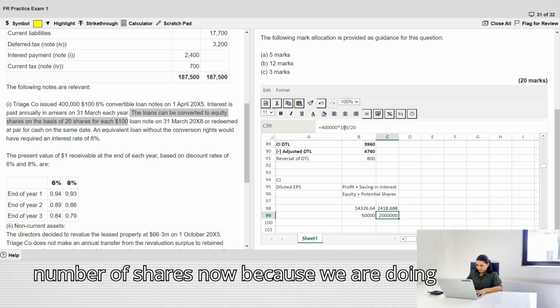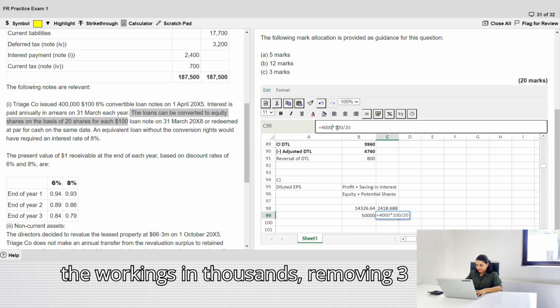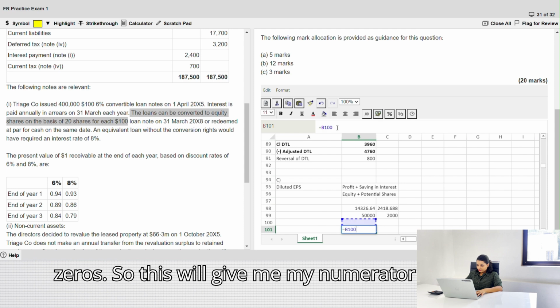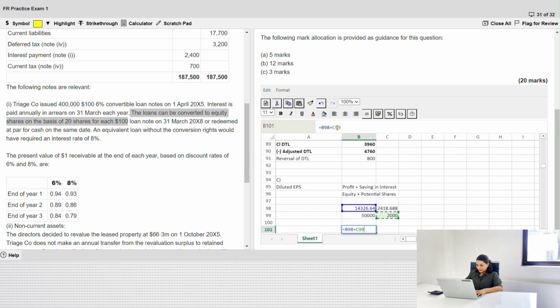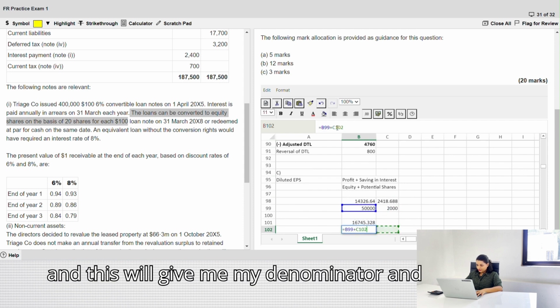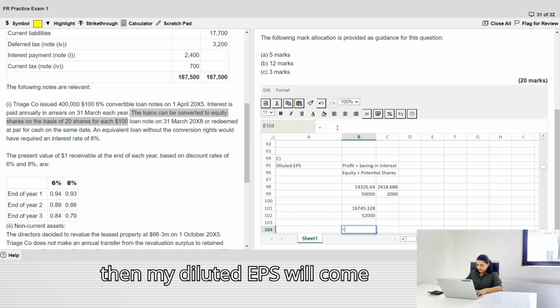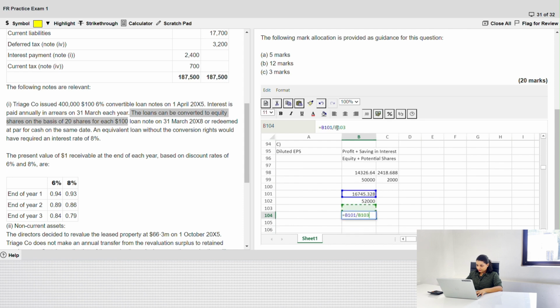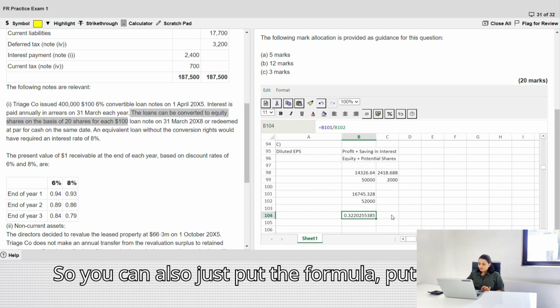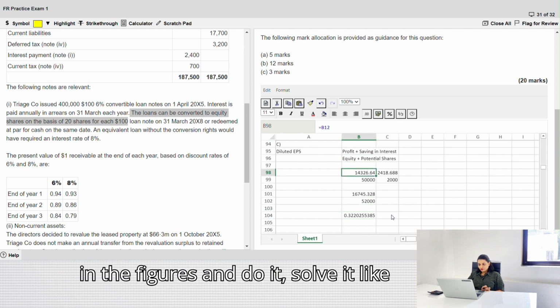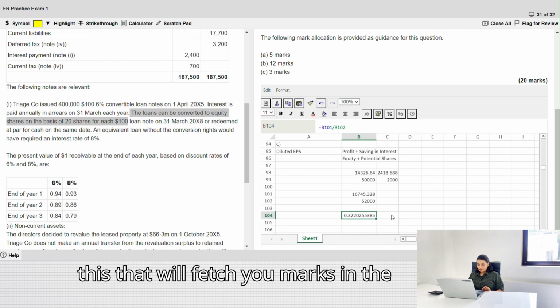This is my number of shares. Now because we are doing the workings in thousands, removing 3 zeros, this will give me my numerator and this will give me my denominator, and then my diluted EPS will come to 0.32. So you can also just put the formula, put in the figures and solve it like this. That will fetch you marks in the exam.